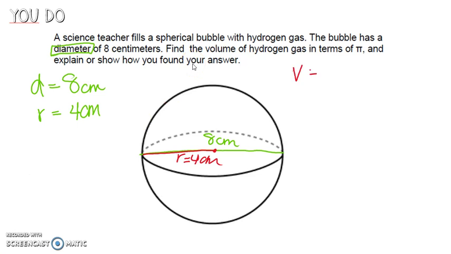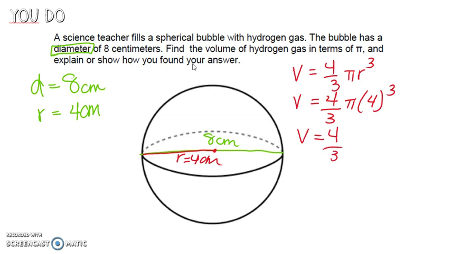Alrighty, here we go. Volume equals 4/3 pi r cubed. Remember, no h. So we are looking at 4/3 pi times our radius, which is 4 cubed, which is 4 times 4 times 4, 64.